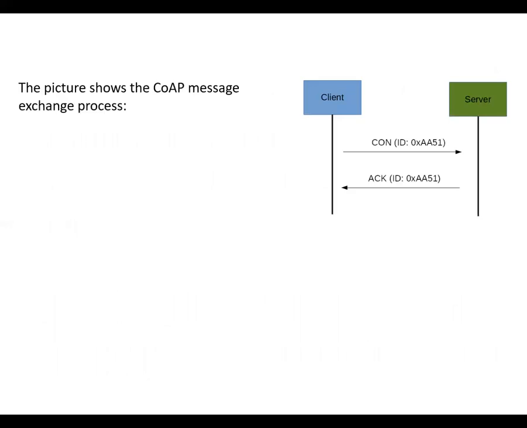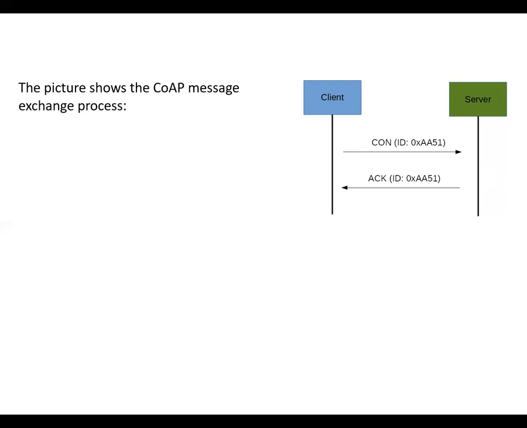Okay, so this is a sequence diagram of the message exchange process. So we can see there is a client and a server. The client sends a message, and you can see there is a header CON. CON means confirmable message. This message must be acknowledged by the server.